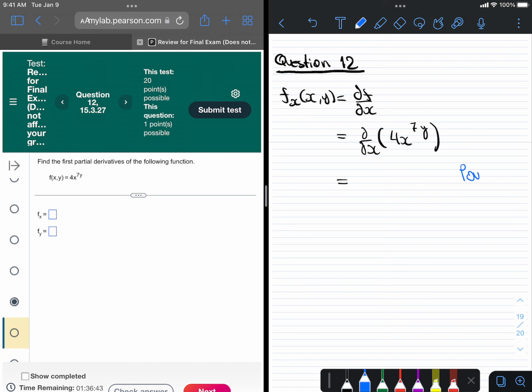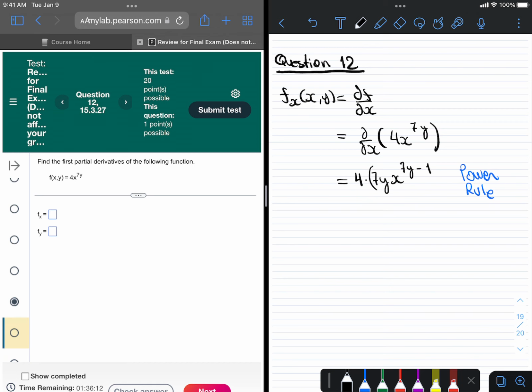So by the power rule, because y is a constant right now, we have 7y, right? The power comes down. So let me organize it better. 4 stays, and then 7y comes down, x^(7y minus 1).